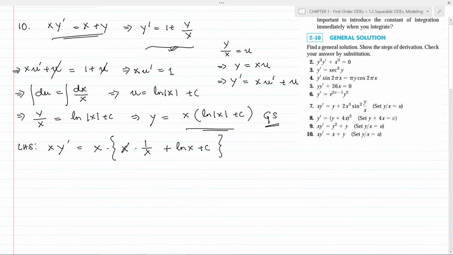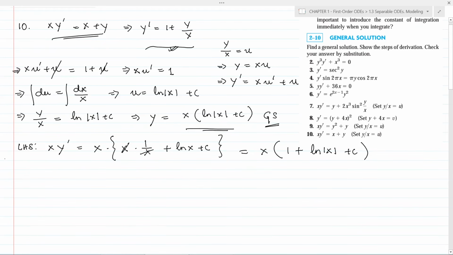From here these two terms cancel out, so this is equal to x times (1 plus natural log of x plus c).